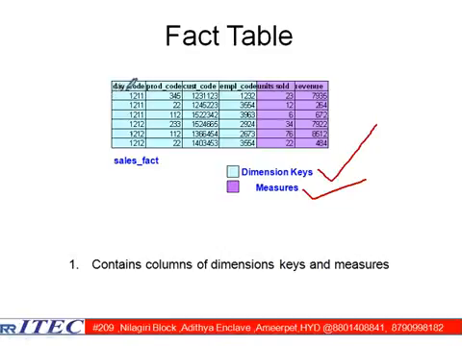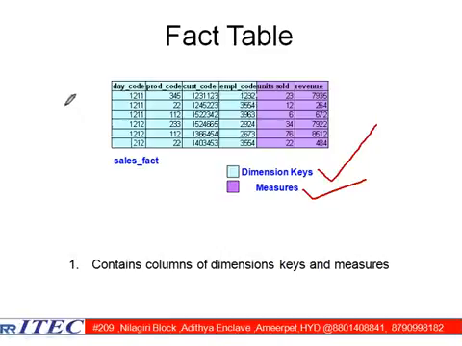Day code. It is a primary key in the time table. Product code. It is a primary key in the product table. Customer code. It is a primary key in the customer table. Employee code. It is a primary key in the employee table.